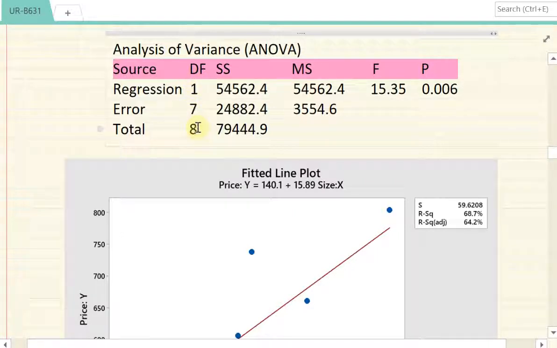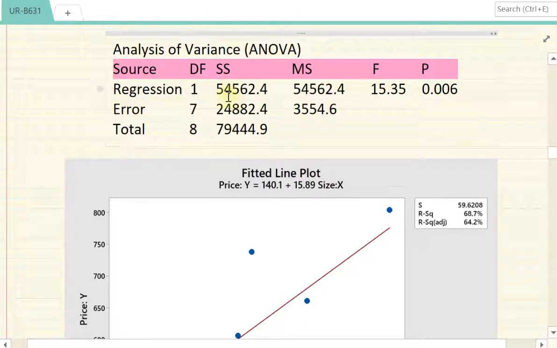We have 9 data points. So the total variation in y, that's the variance of y values, is going to be n minus 1, which is 8. So the error here, the difference between these two, is 7. I'll explain exactly what regression and error are using a chart in a moment.